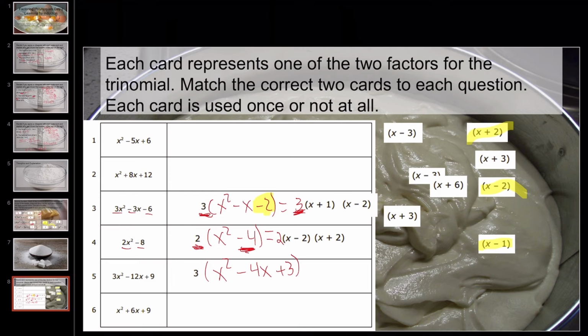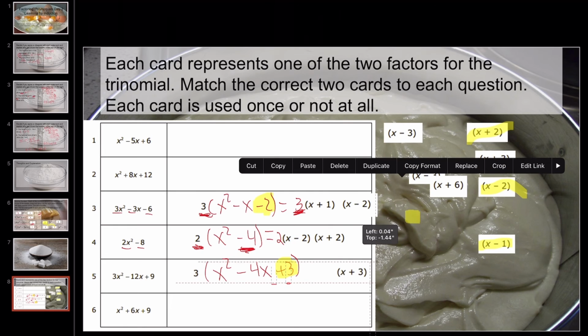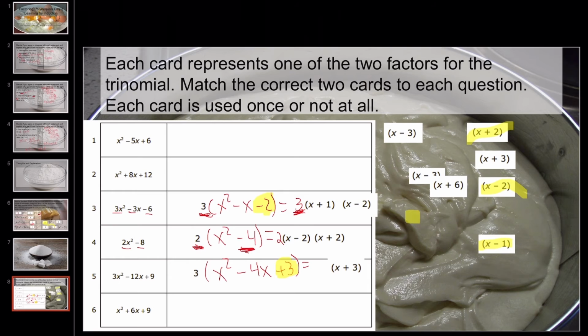Okay? Number 5, if it's going to have a plus 3 at the end, then I'm probably going to want one of my factors to have a plus 3. Don't forget about the 3 that we had in front to start off with. So what can x plus 3 multiply to make that?